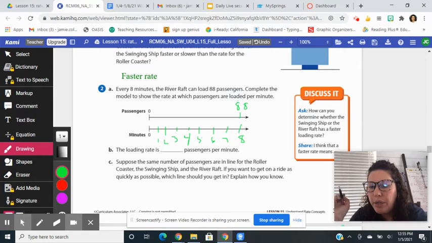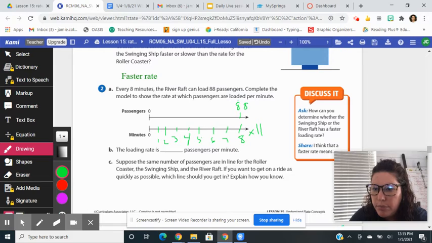Now we need to look at the relationship between 88 and 8. So 8 times what number is going to give us 88? 8 times 11, right? So the relationship between 8 and 88 is 11, and that's what we're going to do for each of these rates.